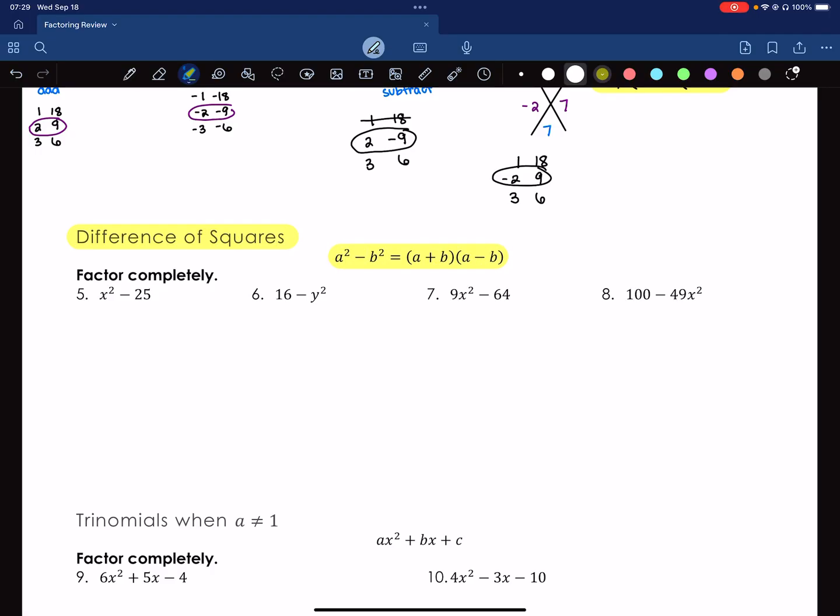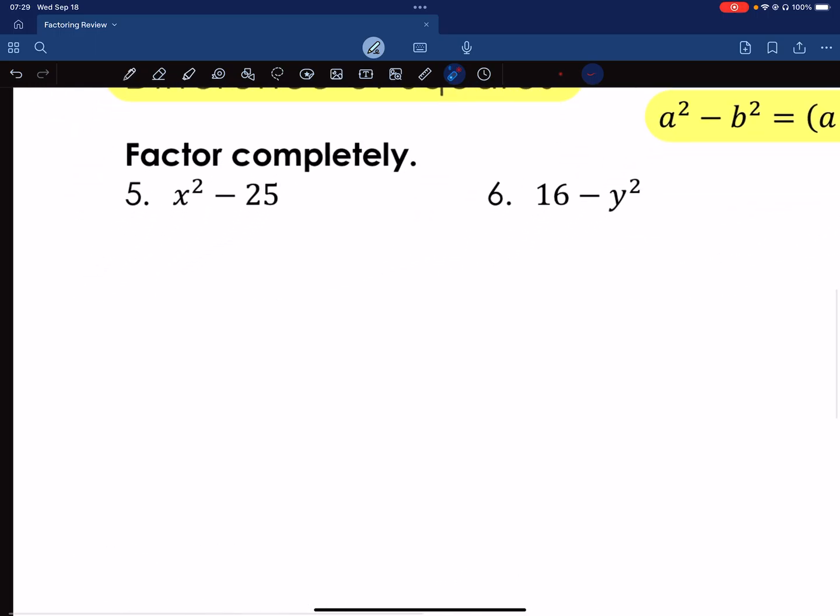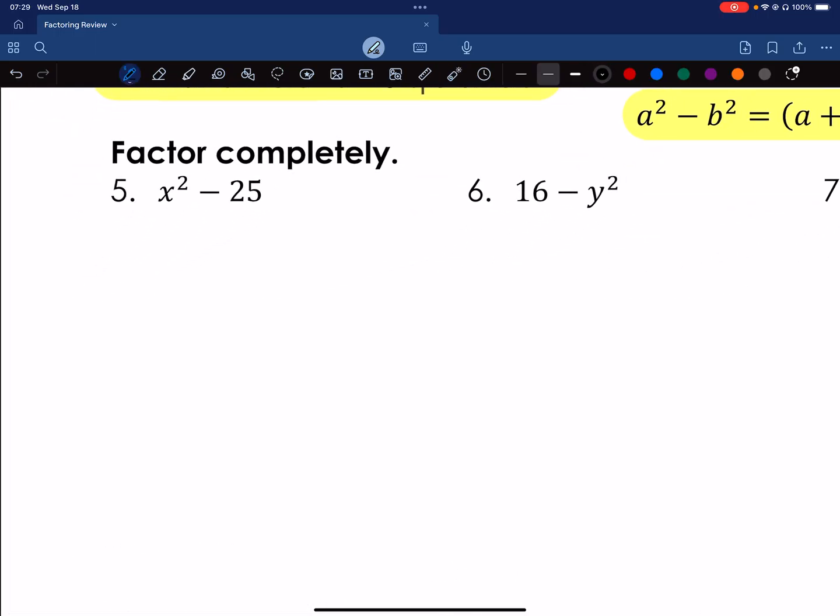If you notice that you have two things being subtracted and they are both perfect squares, then you can factor it into a plus b and a minus b. So let's look at this. We have x squared minus 25.